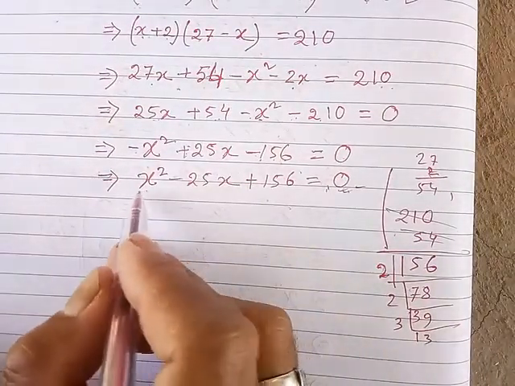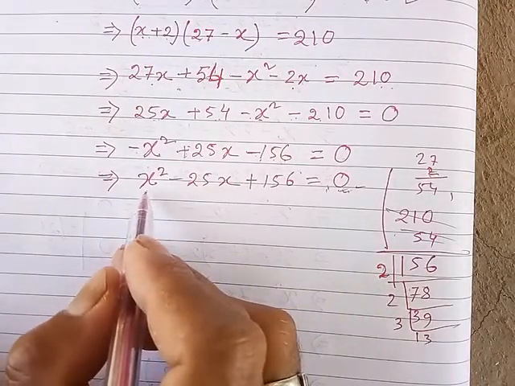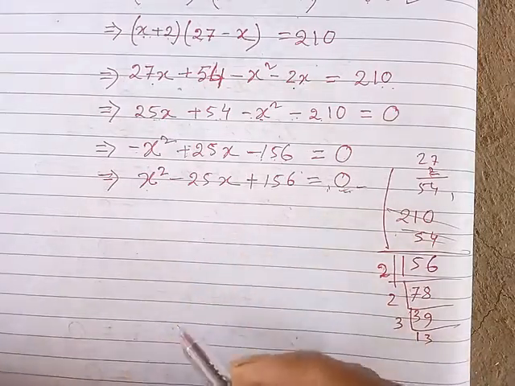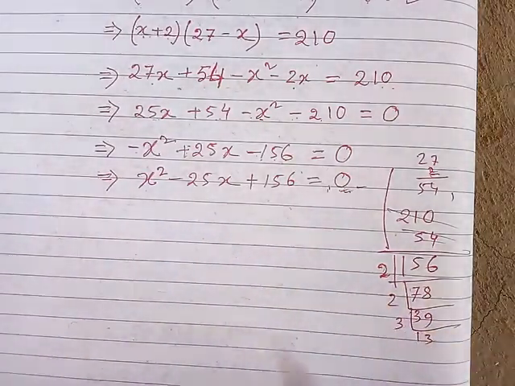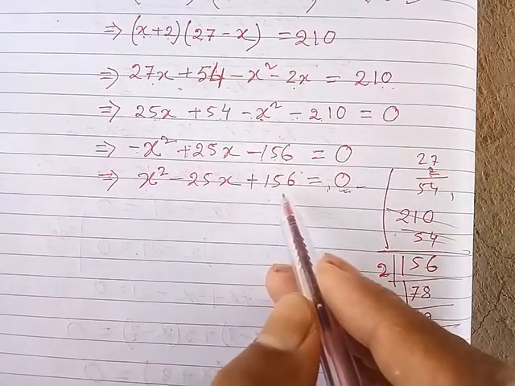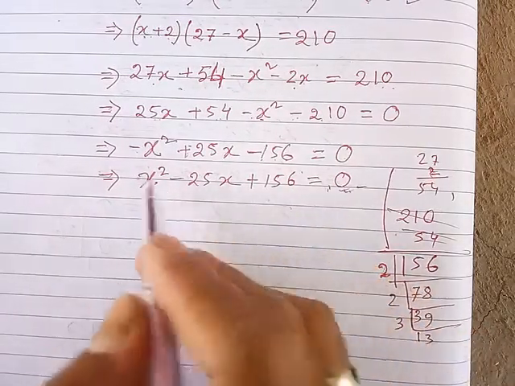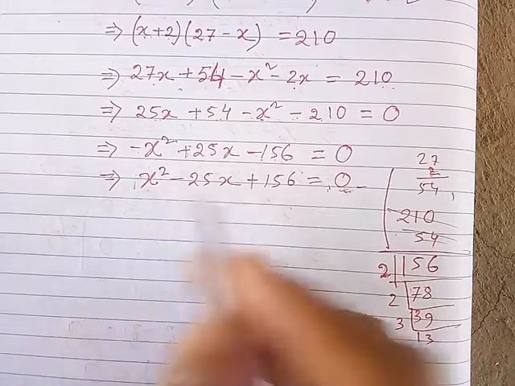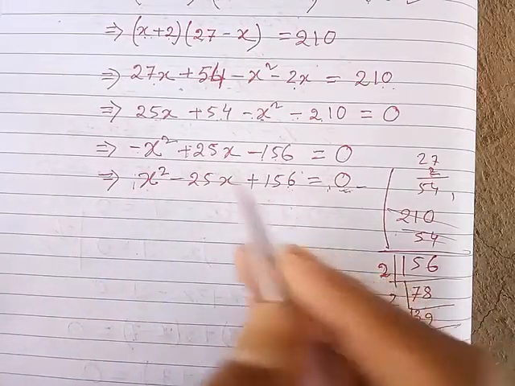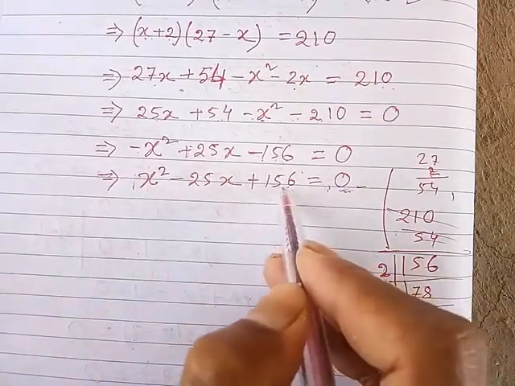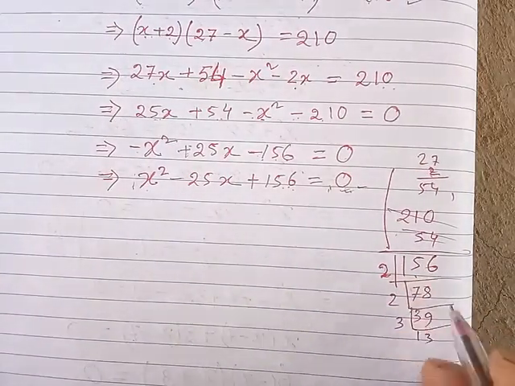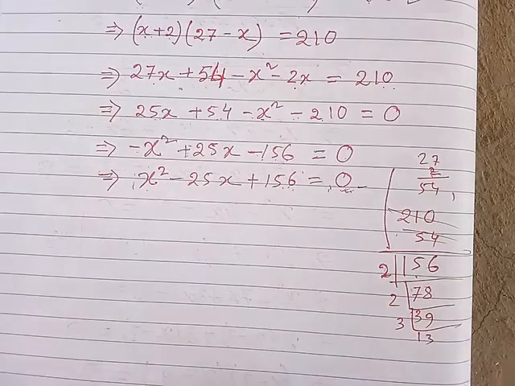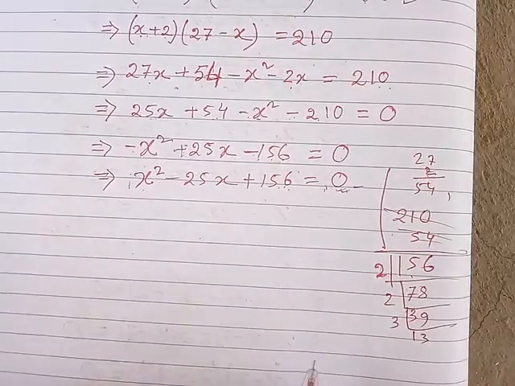Now let us solve this x value by any method, by factorization method, completing square method, applying formula, any method. Let me try with factorization method. For this, here is 1, here is 156. Let us multiply 1 into 156, you will get 156, and divide it in this way by prime factorization.